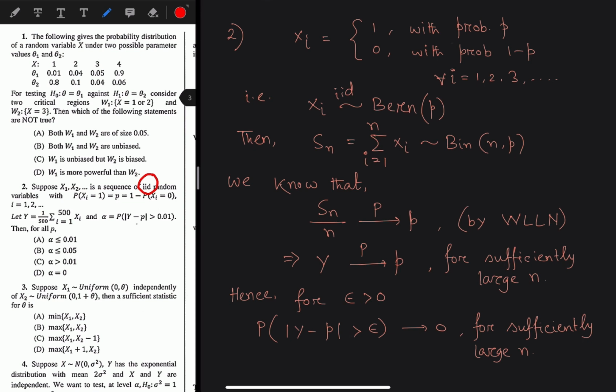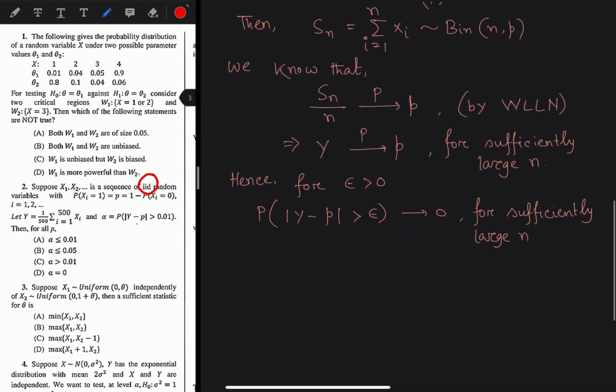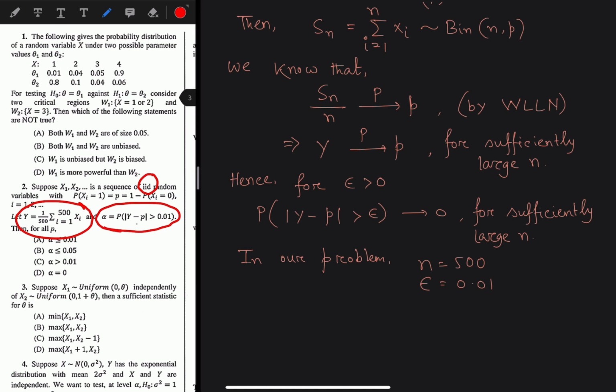Now if we concentrate on our problem, in this expression of y, we can see that y equal to 1 by 500. That means in our problem, small n equal to 500, and epsilon is 0.01.